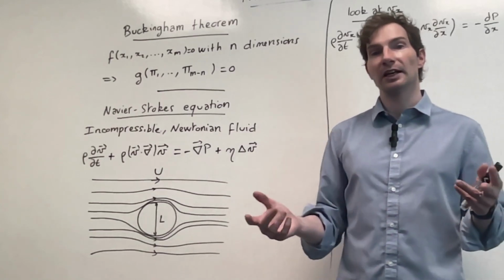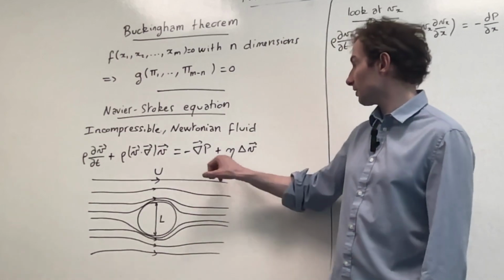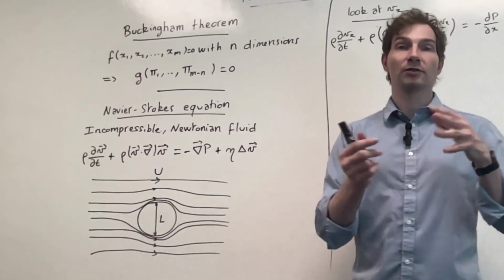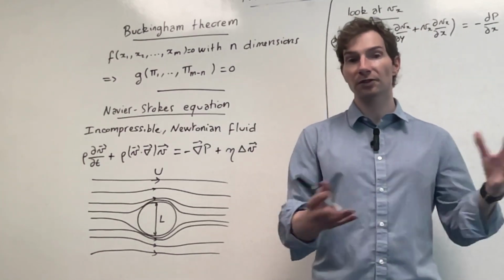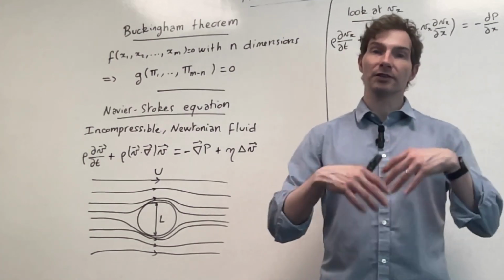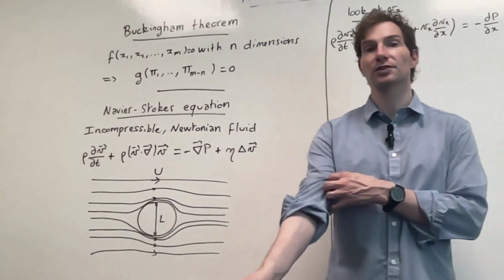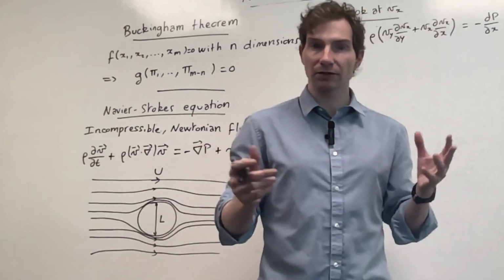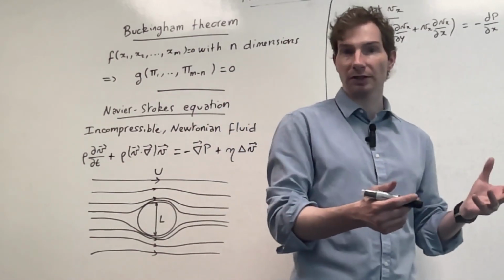The obstacle size is L, the viscosity is eta, and in principle you want to solve for the velocity field, and then you can relate velocity fields to forces and know what forces are exerted on that particular obstacle and so on. That's the kind of thing that people do on a daily basis in fluid dynamics engineering, okay?